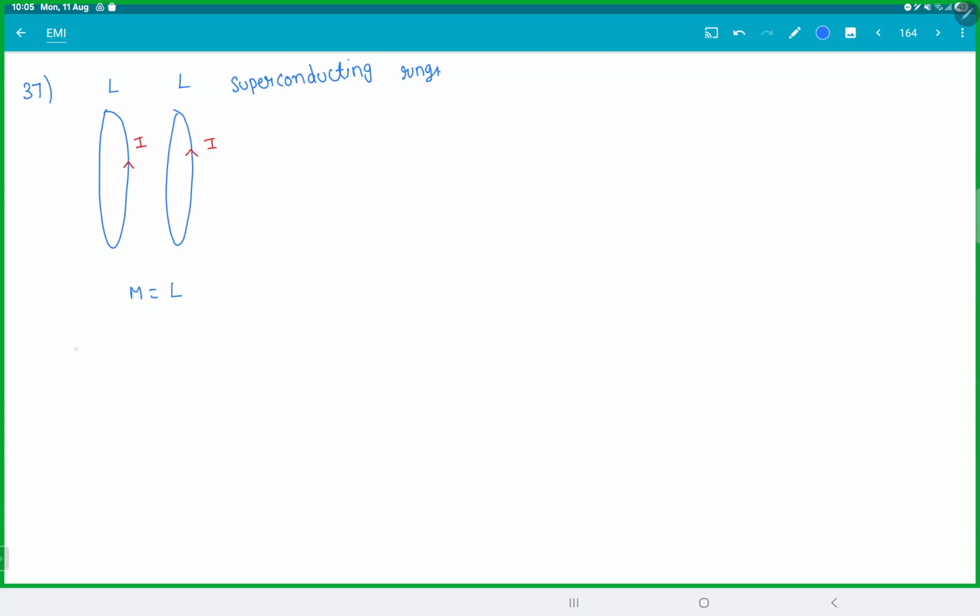If you take flux on any one ring, that will be Li plus Mi, L1 I1 plus M into I2. Luckily here everything is same. So this is Li plus this is also Li. So flux is 2Li. Now when you take them to infinity, the current will become I dash. So the flux will be Li dash, but this must be equal to 2Li. So current has actually doubled in both the coils.